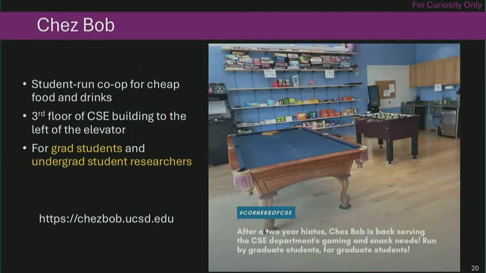Do you know Shape-Up? Have you heard about it? No? OK, so this is a room in the CSE building on the third floor. On the third floor, you exit the elevators on your left-hand side. It's a student-run co-op offering foods and snacks and beverages and coffee and all kinds of drinks.